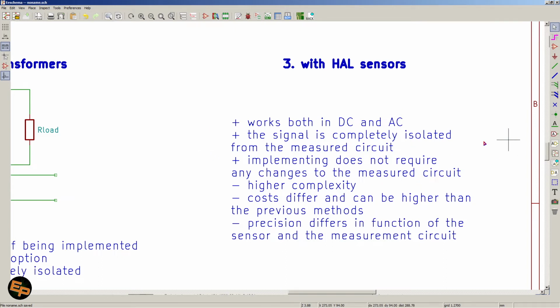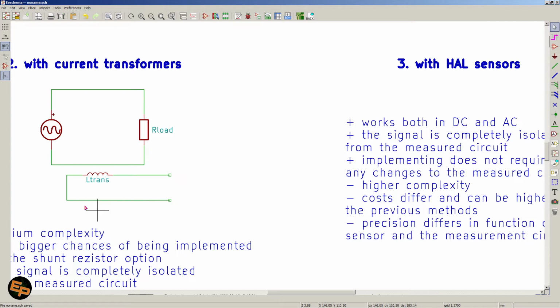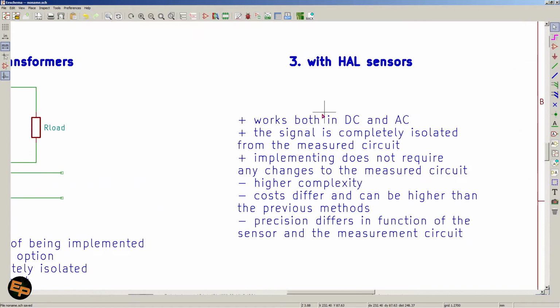The signal is completely isolated from the measured circuit, and implementing the measurement does not require any changes to the measured circuit, not even the ones that I've shown, which are doable but necessary when we're working with current transformers. With a Hall sensor, we can just take that sensor and place it near a wire where that current is passing, and that's it.